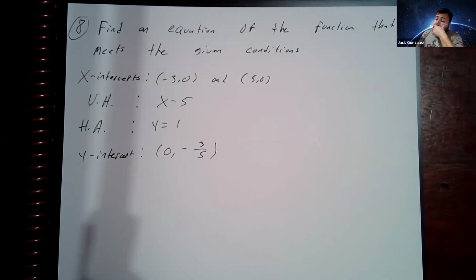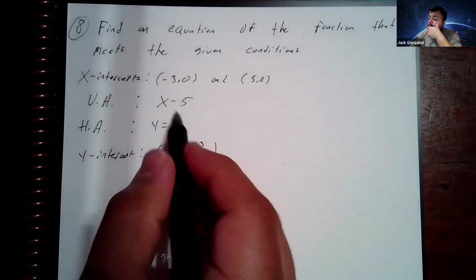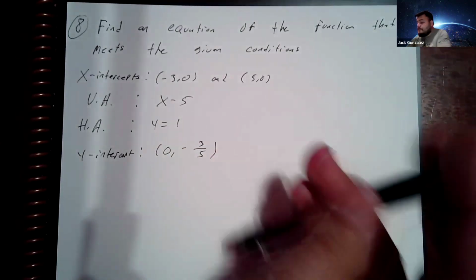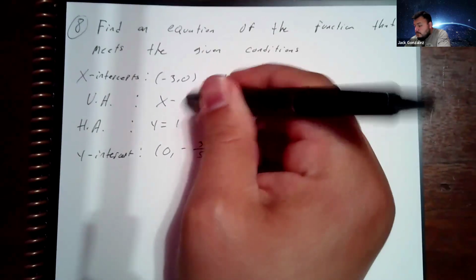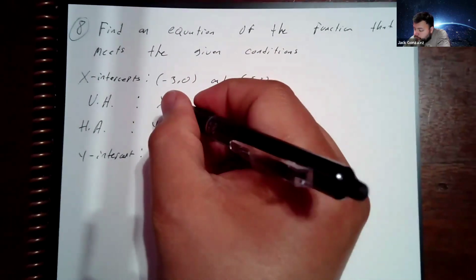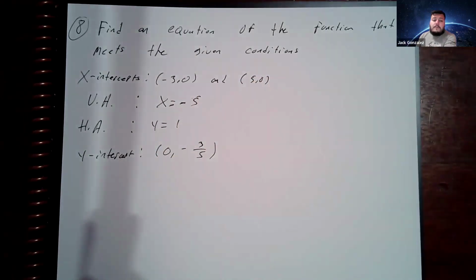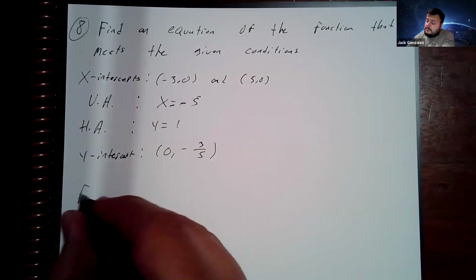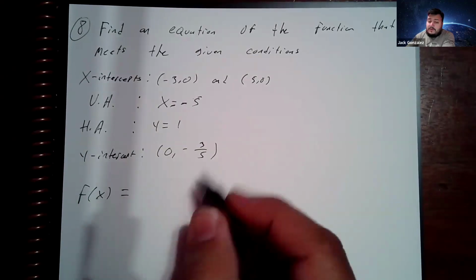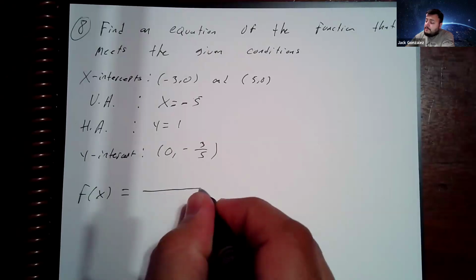Well, should be equals. So for the x-intercept, that's kind of a clue. Basically, they're giving you clues and they want you to find the graph with a function.